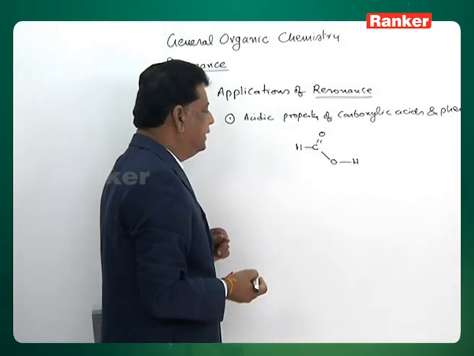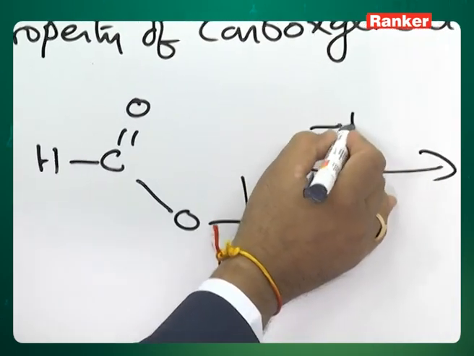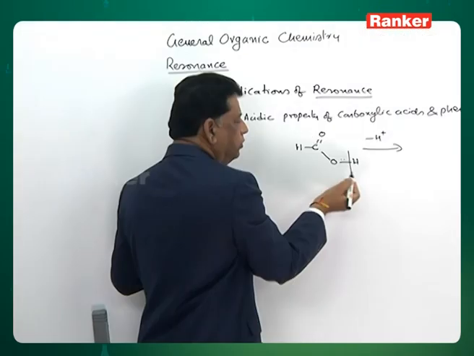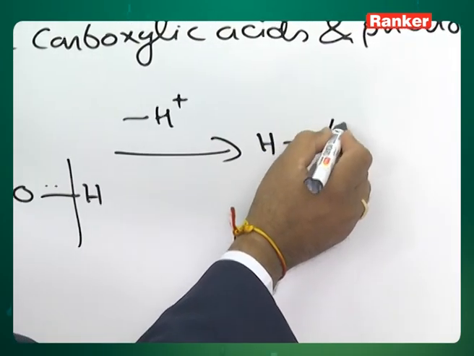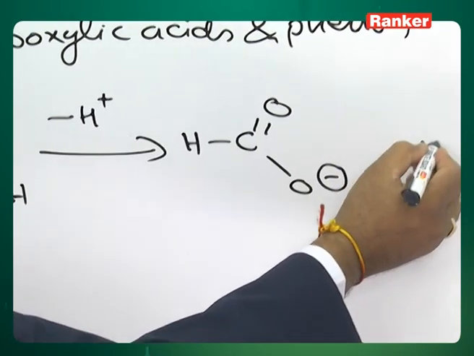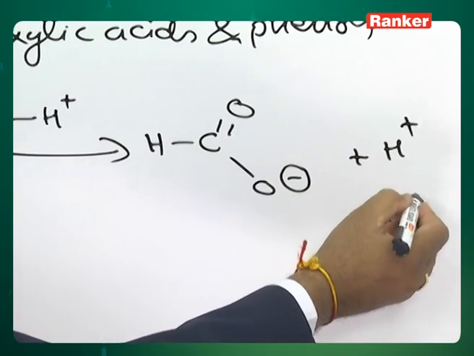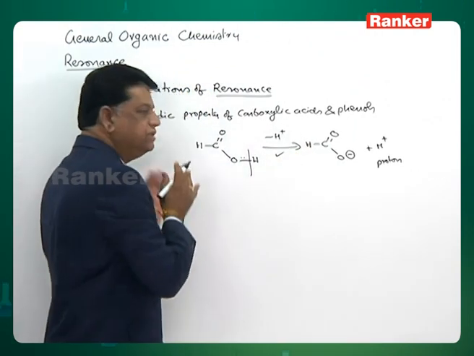Now, formic acid, if it gives a proton, it is giving the proton, taking the 2 electrons to the oxygen, it will become a formate anion plus proton. So, the proton-giving property is ready for this formic acid.